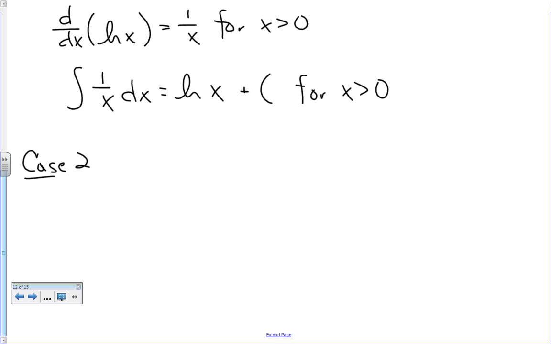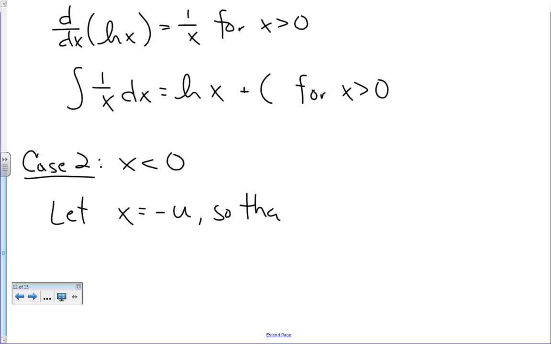Now look at case 2. Case 2 is where x is less than 0, and we're going to use a substitution to help us show this, as well as the first case to help us go through the steps of the proof. So if x is less than 0, let's define a new variable. Let x be equal to the opposite of u.